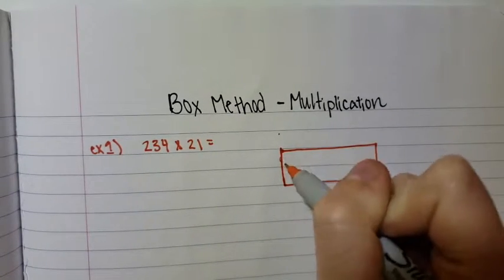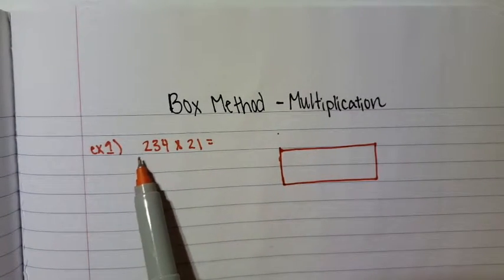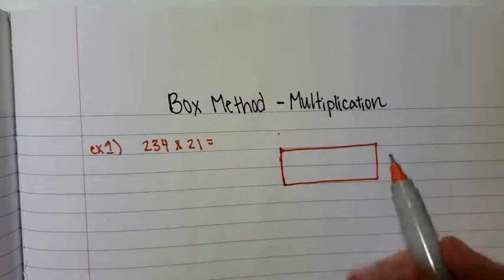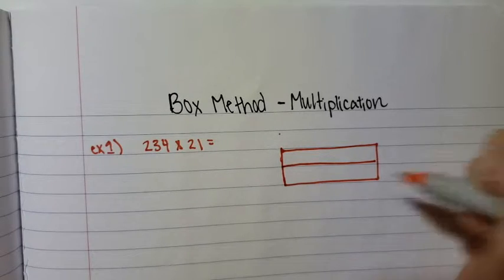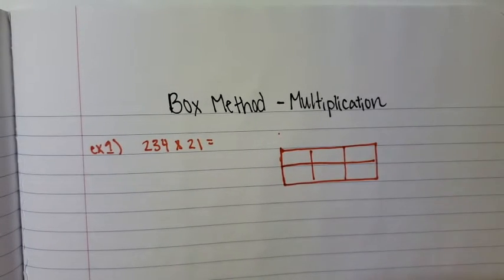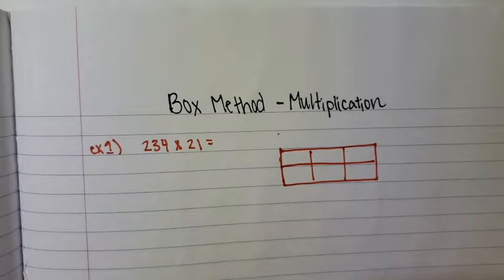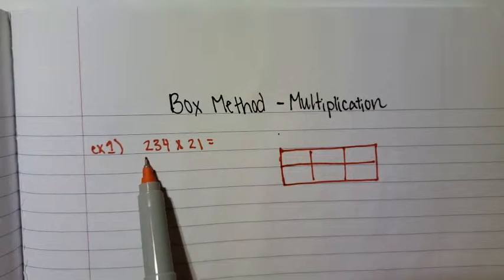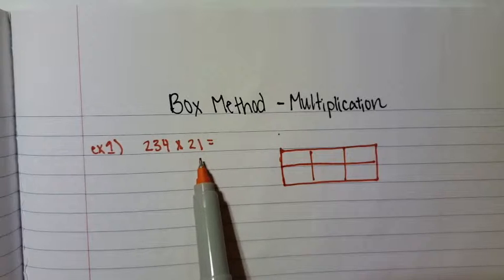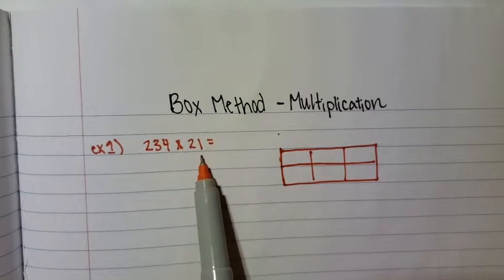Now, since we're multiplying a 3-digit number by a 2-digit number, you're going to split your box in half and make sure it has 6 boxes. Now we are going to split these numbers up by hundreds, tens, and ones, and this number up by tens and ones.